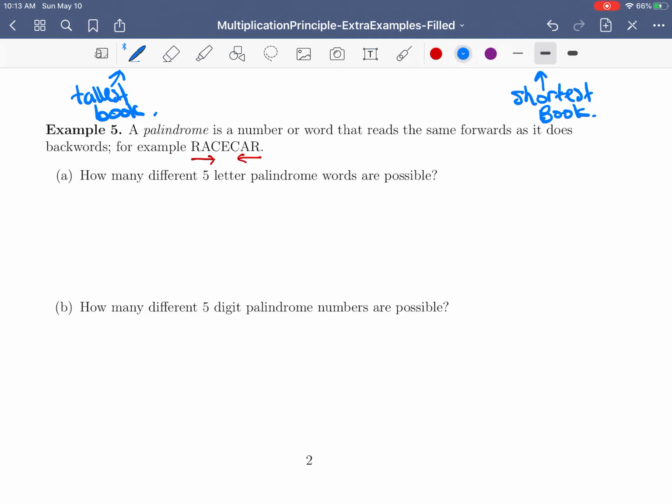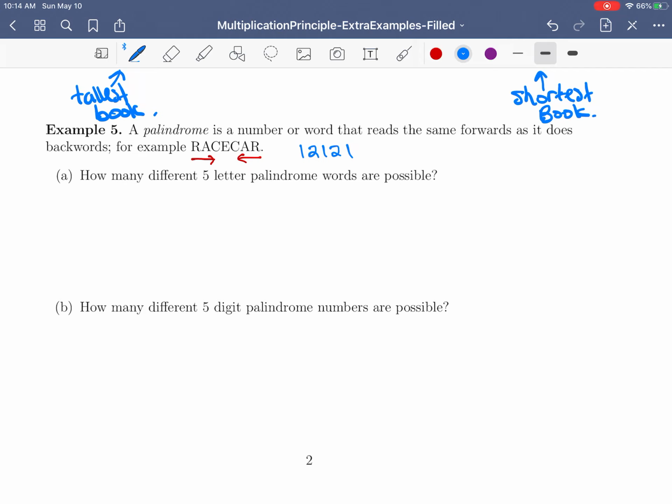So an example of a number one would be, say, 1, 2, 1, 2, 1. Again, this is a 5-digit one. If you go from left to right or from right to left, you get the same 5-digit number.